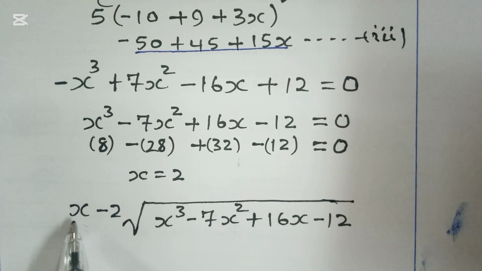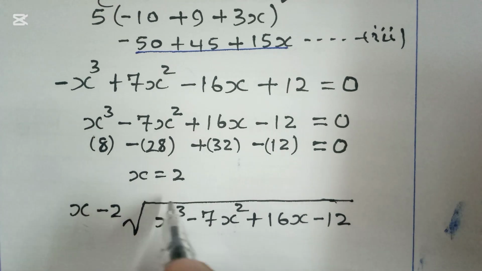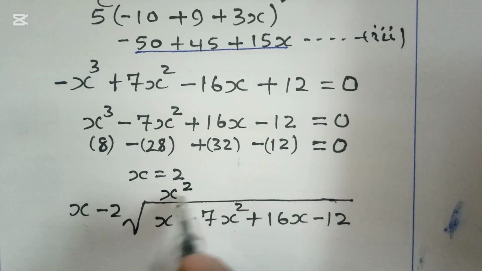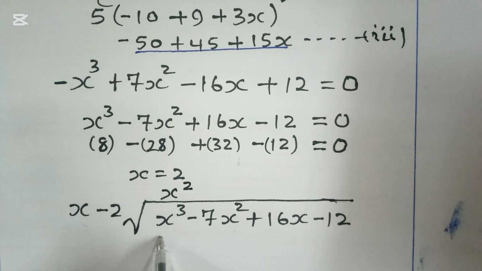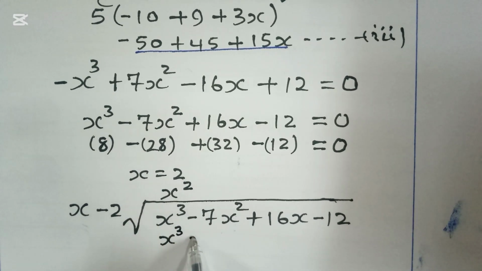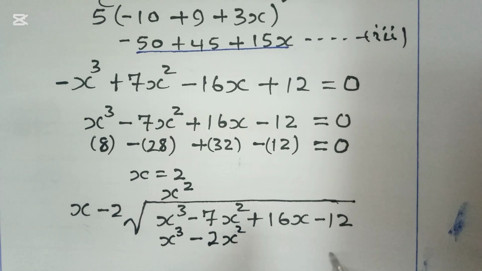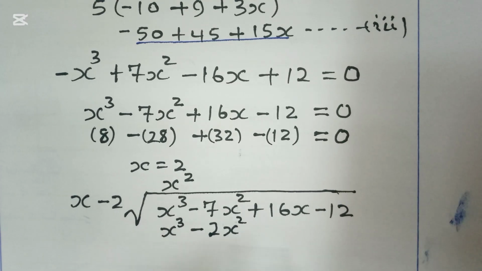So guys, I can now multiply maybe here by x squared. If I multiply by x squared, this is going to give me x cubed minus 2x squared, and then the rest is going to be 0.